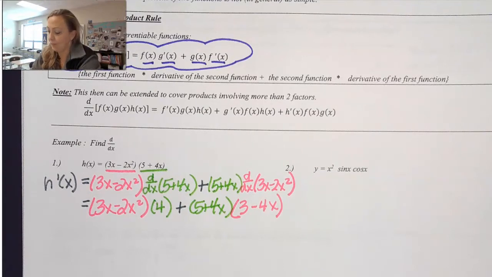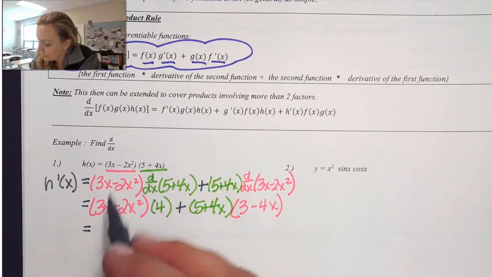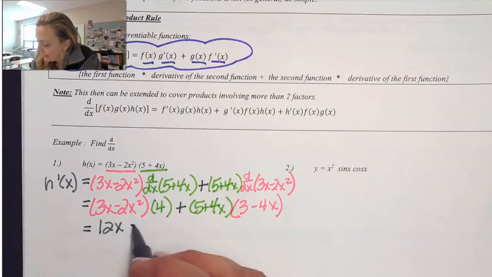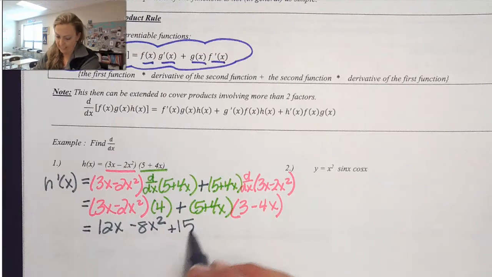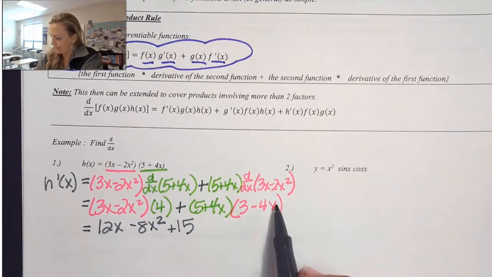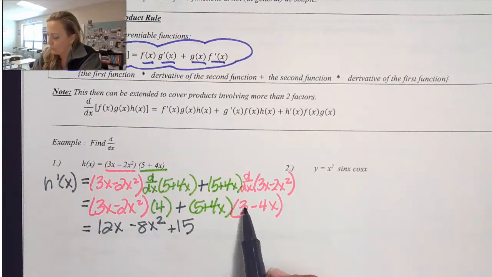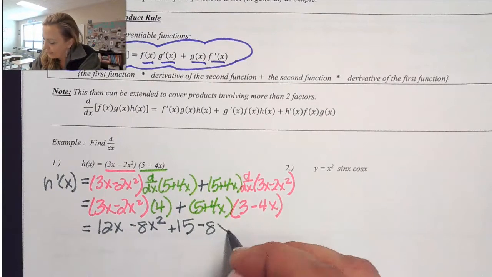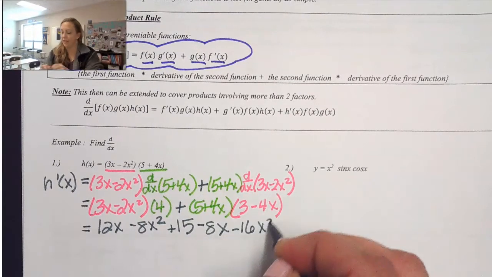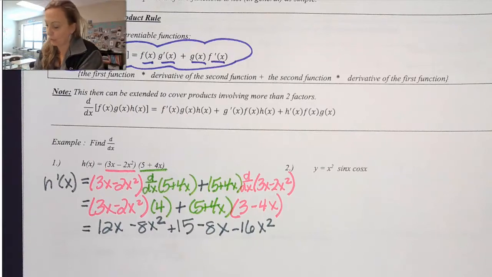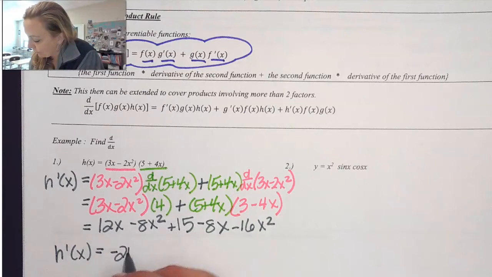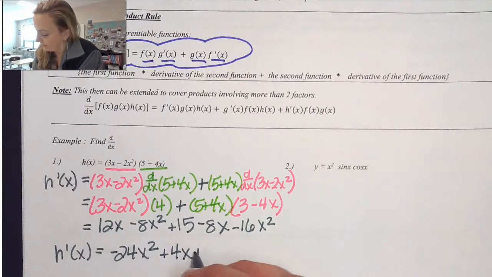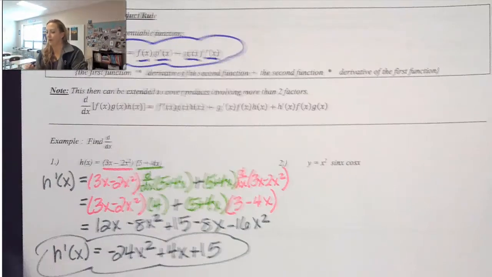Then at this point, we can just distribute, and I get 12x minus 8x squared plus 15. My outer is negative 20, my inner is plus 12x, so minus 8x minus 16x squared. And then I can combine my like terms. So my h prime of x ends up being negative 24x squared plus 4x plus 15. Okay?